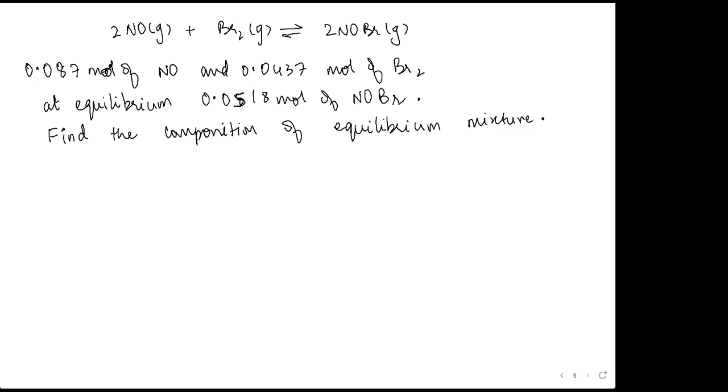We need to find the concentration of each and all of these, no? Yeah. So at equilibrium, you're already given the concentration of the product. You just need to find out the concentration of the reactants. The number of moles is given. So we don't know the volume. Volume is not given.